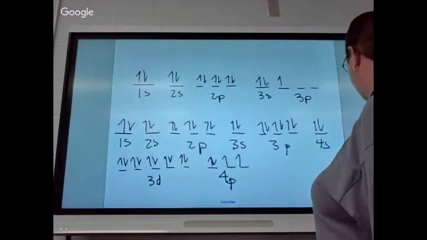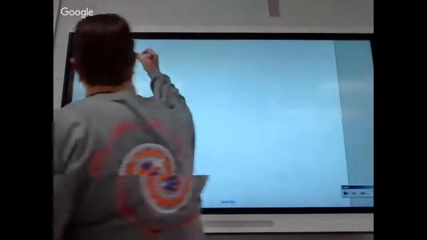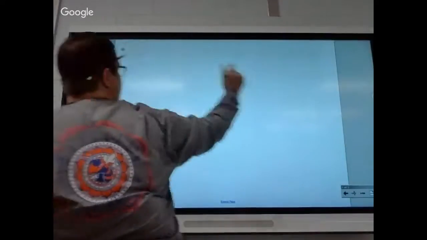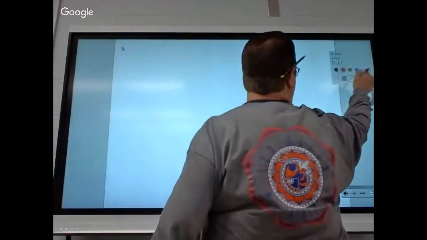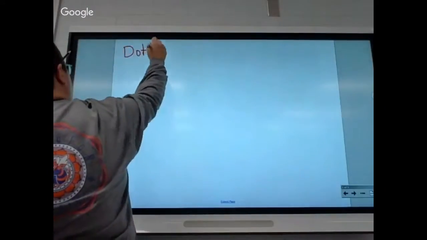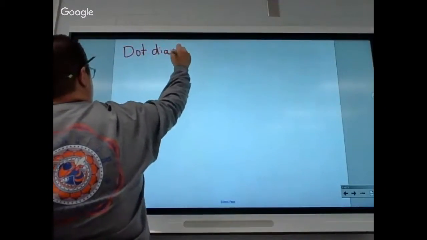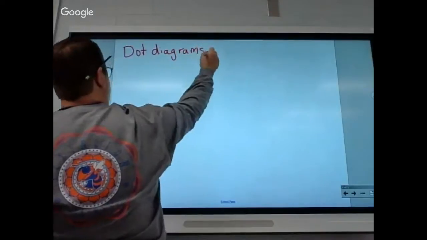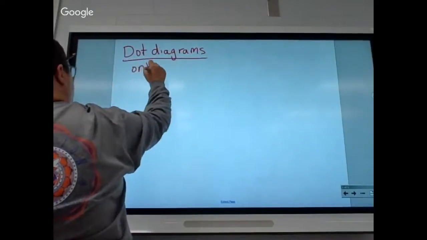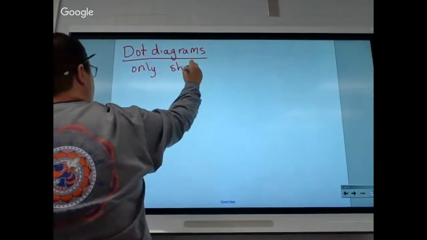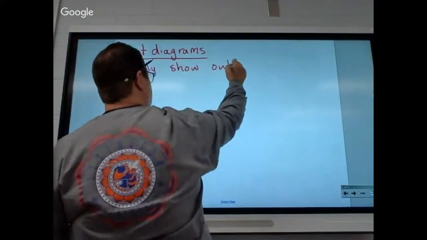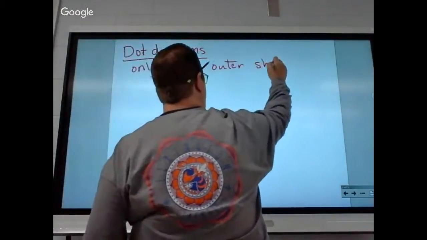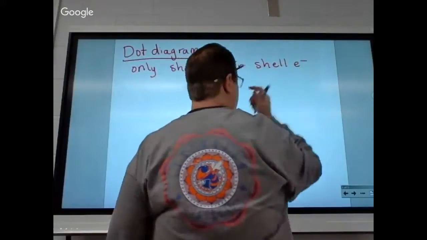All right. So, dot diagrams. Dot diagrams require a little bit of notes because you have to learn the parts. Dot diagrams show the least amount of work because dot diagrams only show outer shell electrons.